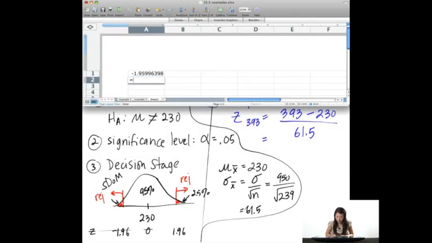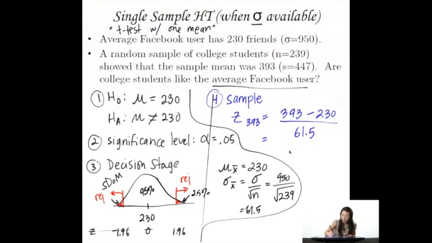So that would be 393 minus 230. I need parentheses because I need it to do the subtraction before the division. And that gives me 2.65. So my z-score is 2.65.